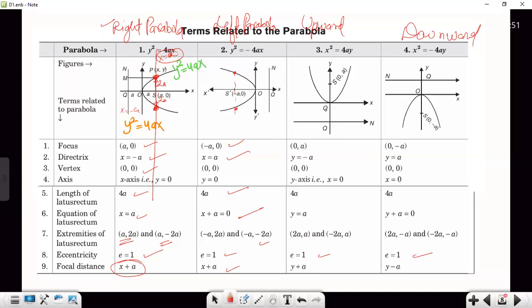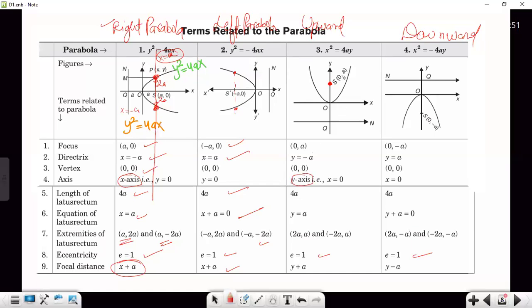Okay. Let's now discuss the upward-facing parabola. Things don't change much here, except that the focus is going to lie on the y-axis. Earlier, the focus was lying on the x-axis. This time on the y-axis.